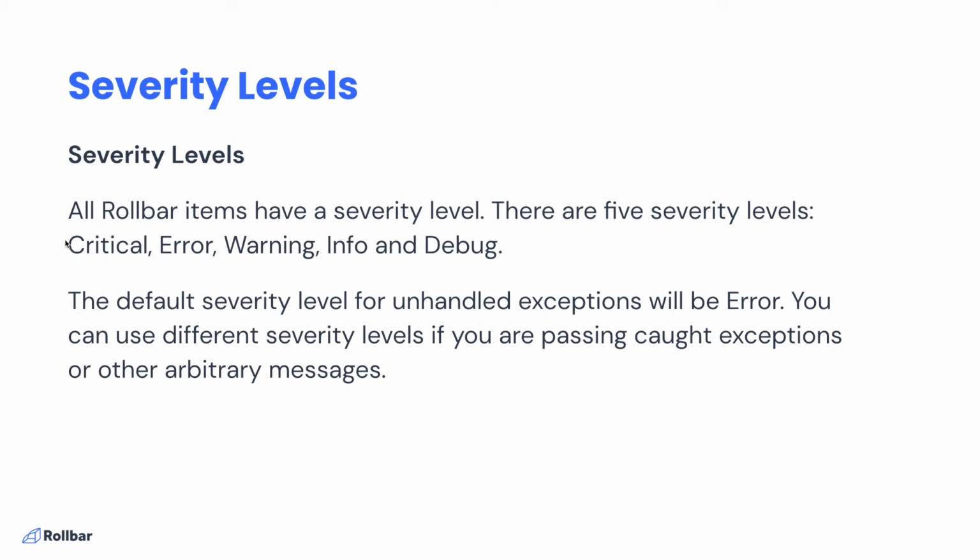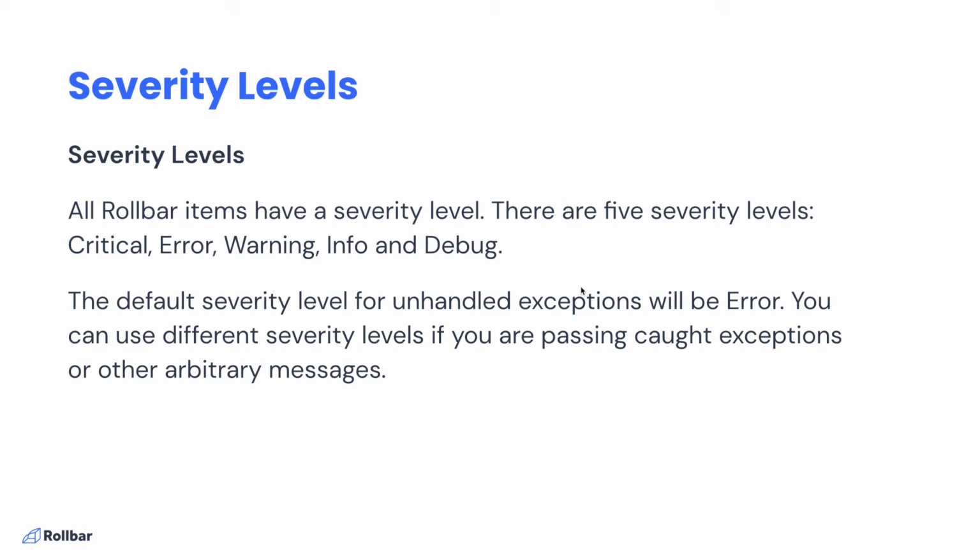So in descending order from most to least important, we have critical, those being top level priority, then error, warning, info, and down to debug. This corresponds with log levels, but we don't have to think of this as explicit mapping between log levels and severity levels. We can use these in a more subjective way to categorize these and sort the things that are truly most urgent to us.